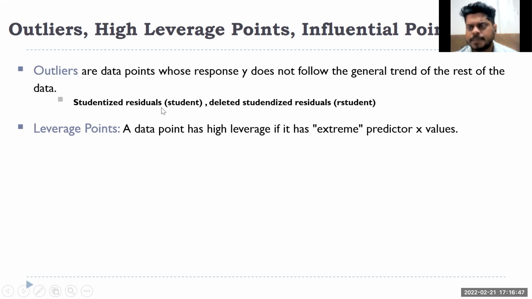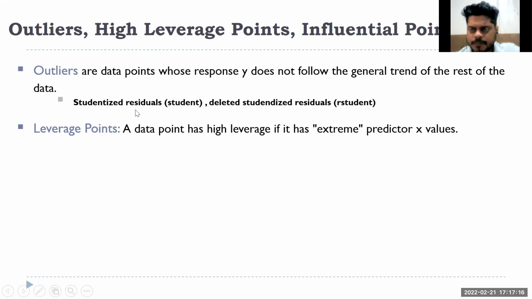Deleted studentized residual is if I delete the observation. Let's say I'm telling that this is the outlier, I delete that observation and create a regression equation, and now I try to find the distance between the new regression equation and the observation which I have deleted. That is why it is known as deleted studentized residual.